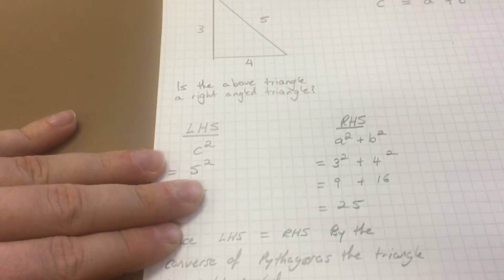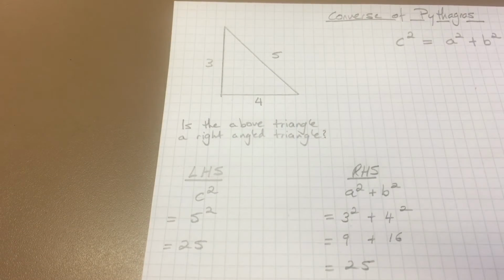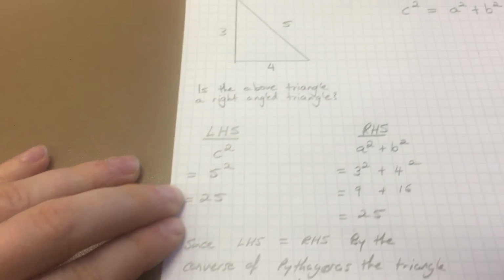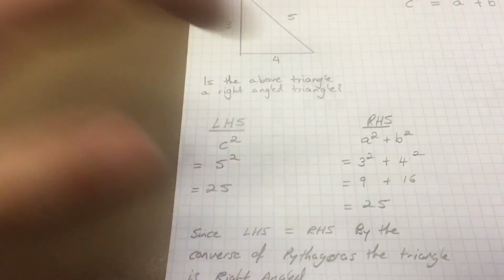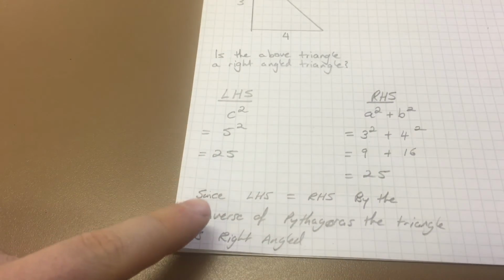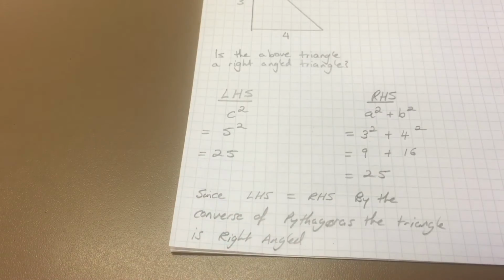So if you have all three sides of a triangle and you're asked to prove if it's right angled or not, you just use Pythagoras' theorem and you split into two calculations, left hand side and right hand side. If they equal each other, you can say by the converse of Pythagoras, the triangle is right angled.